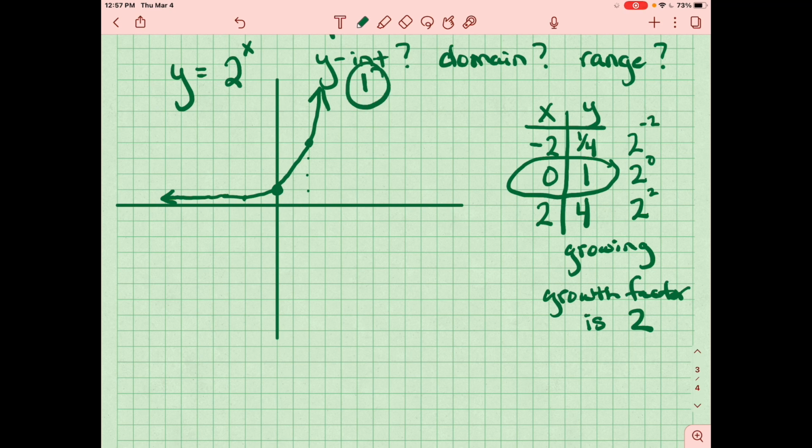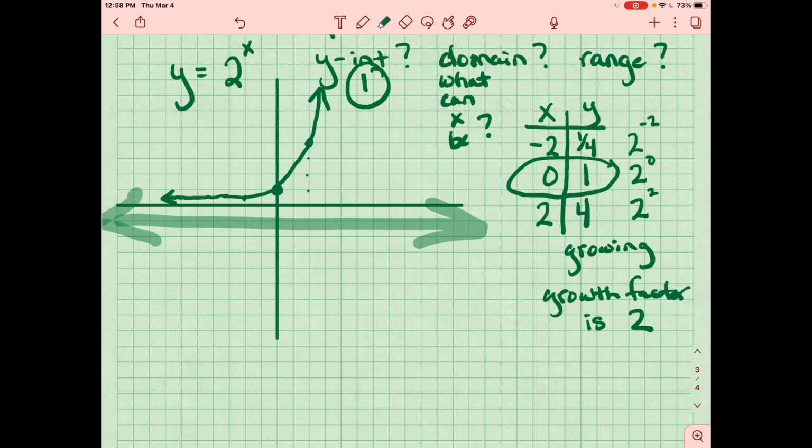The domain is, what can x be? Domain is a question about x. When we are looking at domain, we look left to right to say what can x be. As we go this way, x can get smaller and smaller forever, and as we go this way, it can get bigger and bigger forever.